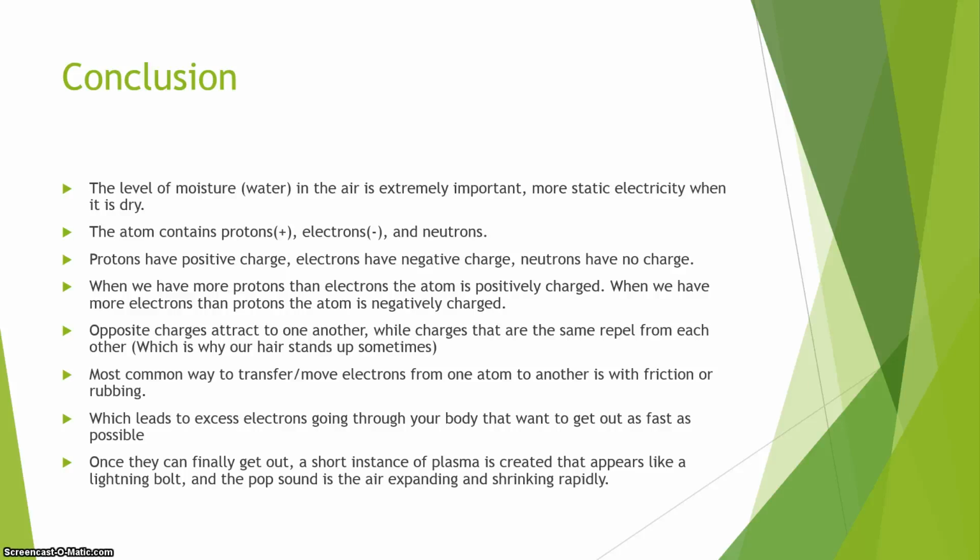But that's still being thought about. And after this friction or rubbing, it leads to excess electrons going through your body that want to get out as fast as possible. And once they can finally get out, a short instance of plasma is created, which looks like a lightning bolt. And the pop sound is the air expanding and shrinking rapidly.